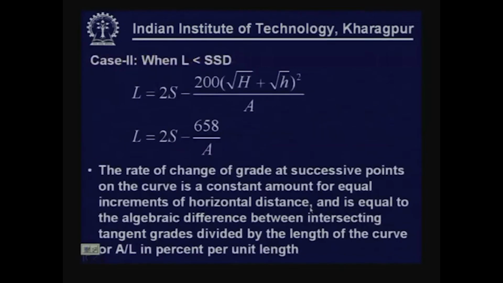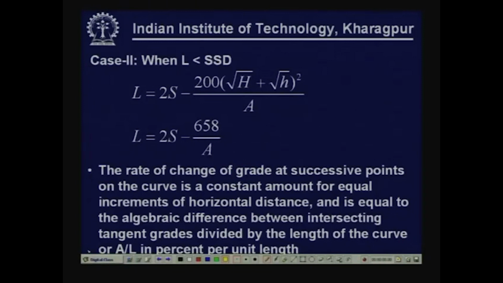Similarly, for case 2 also, the basic equation is like this as indicated here. Again it is the same as what we indicated in the IRC approach. Basic equations are not different.